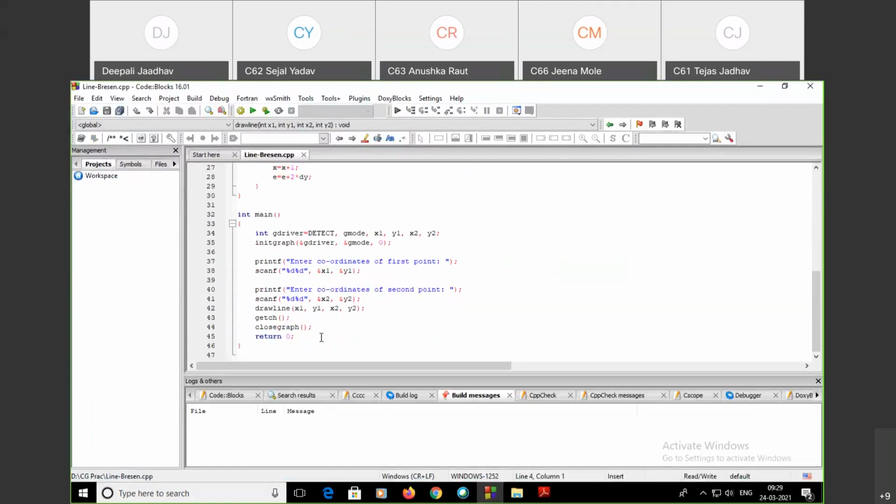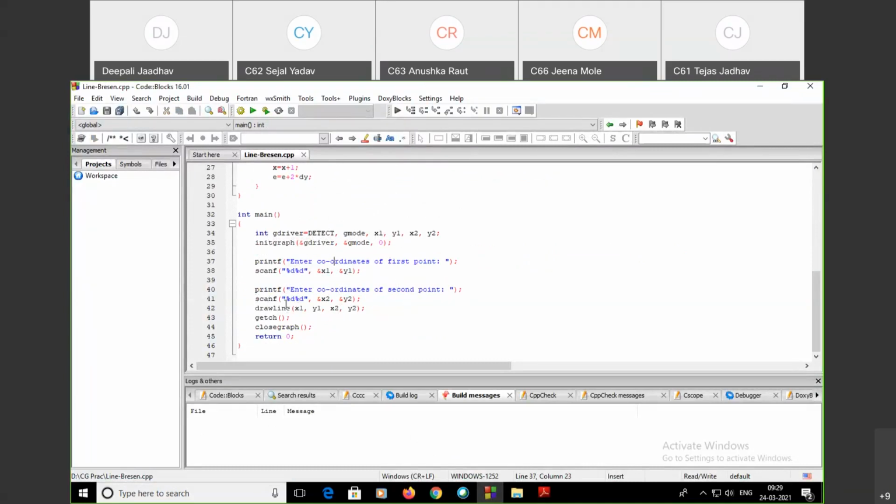In the main function, again the drivers, detect driver, gm mode, init graph, then enter the first coordinate of the line, that is x1 y1, with printf scanf. Enter the coordinates of the second point, that is scanf.